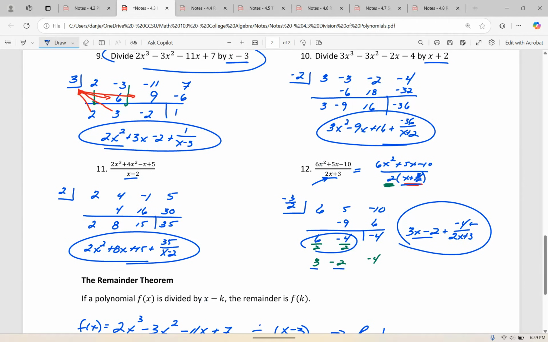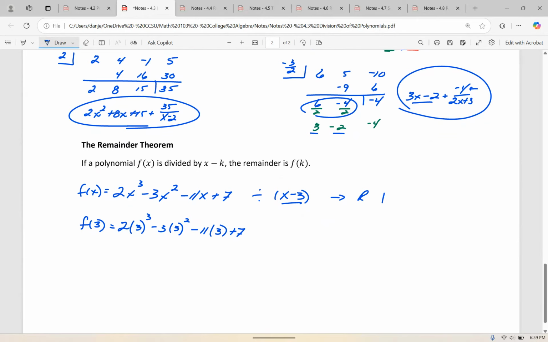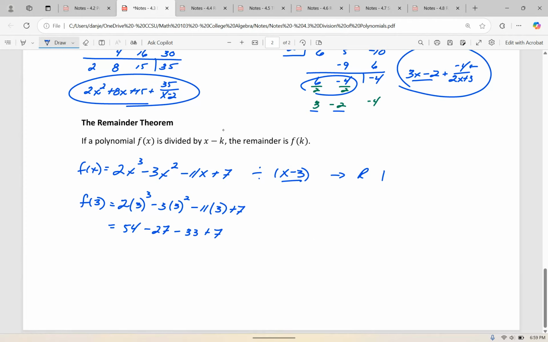Whatever it was that I put in the box here, put that in for f of x. 3 cubed is 27, times 2 is 54. 3 squared is 9, times 3 is 27. 11 times 3 is 33, plus 7. So I've got 54 plus 7 is 61. 27 and 33 is 60. 61 minus 60 is 1.